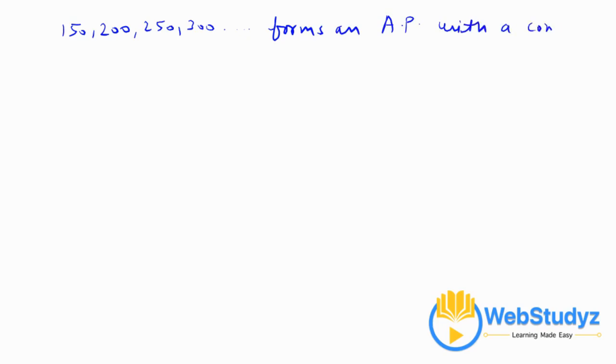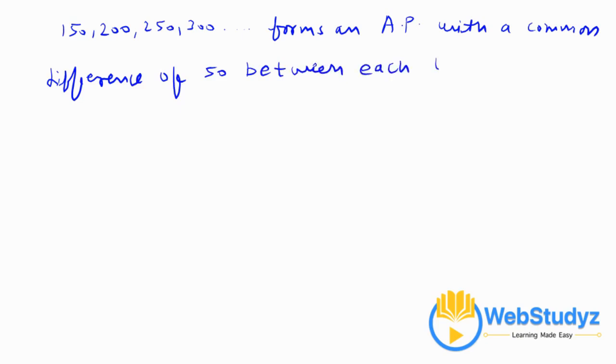So the series will be 150, 200, 250, 300, which forms an arithmetic progression with a common difference of 50 between each term.